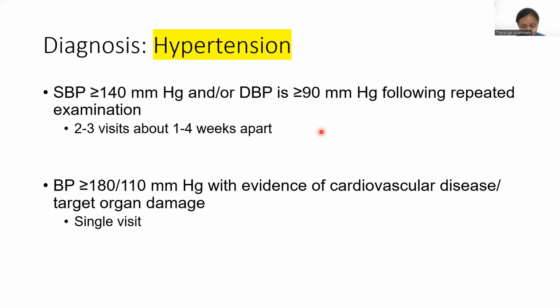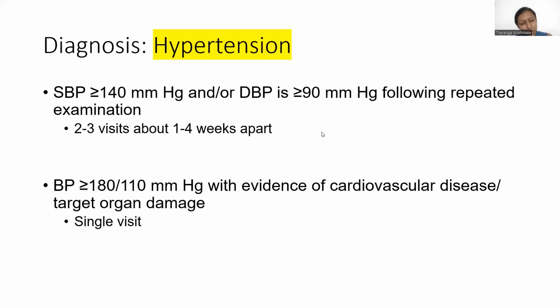What they say now is that over a course of 1 to 4 weeks, take about 2 to 3 visits and then diagnose hypertension. This used to be 4 hours apart before, but according to the latest 2020 guidelines, what they say is give them some time and get your blood pressure readings.